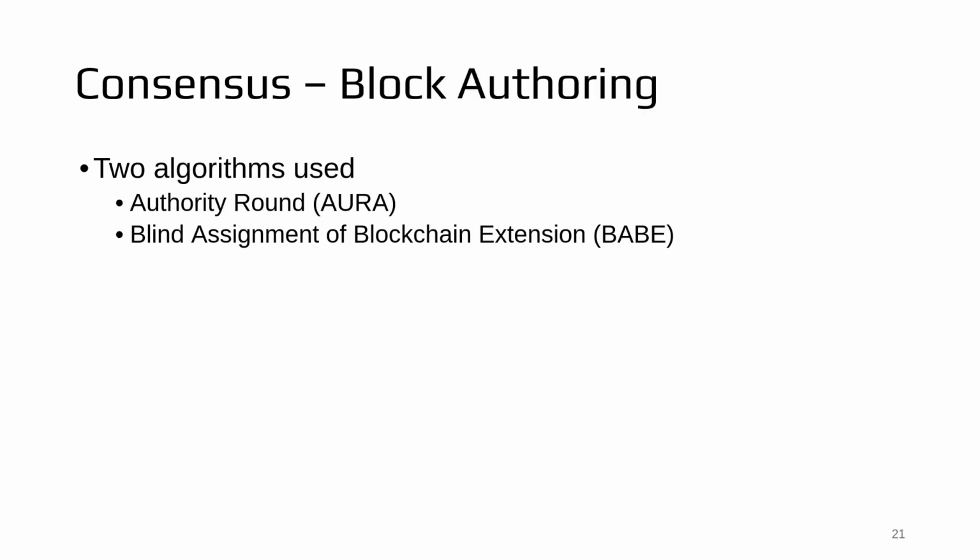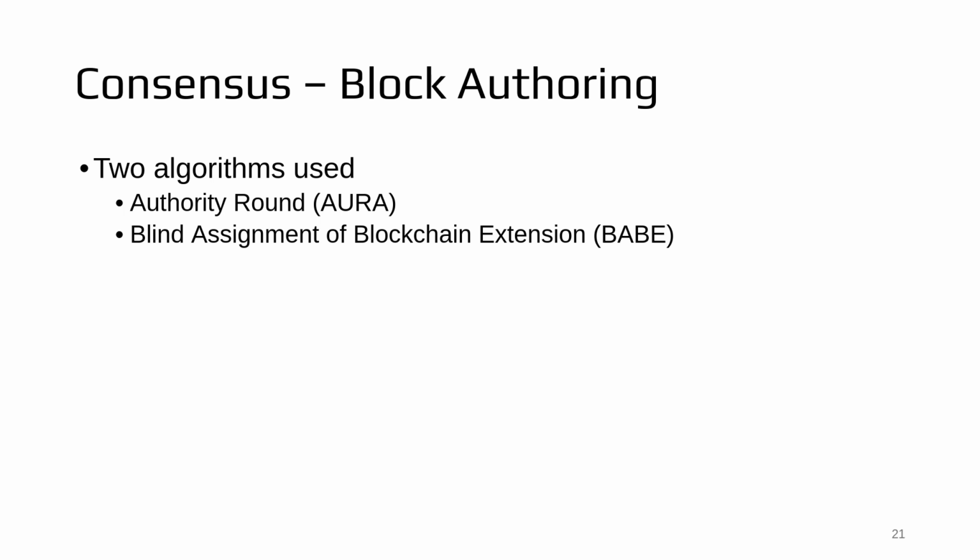So first of all, we'll discuss block authoring. For block authoring, there are two algorithms that are used by default. You have either that can be used, so they're provided as pallets. The first one is Authority Round or Aura, and the second one is Blind Assignment for Blockchain Extension or BABE for short.